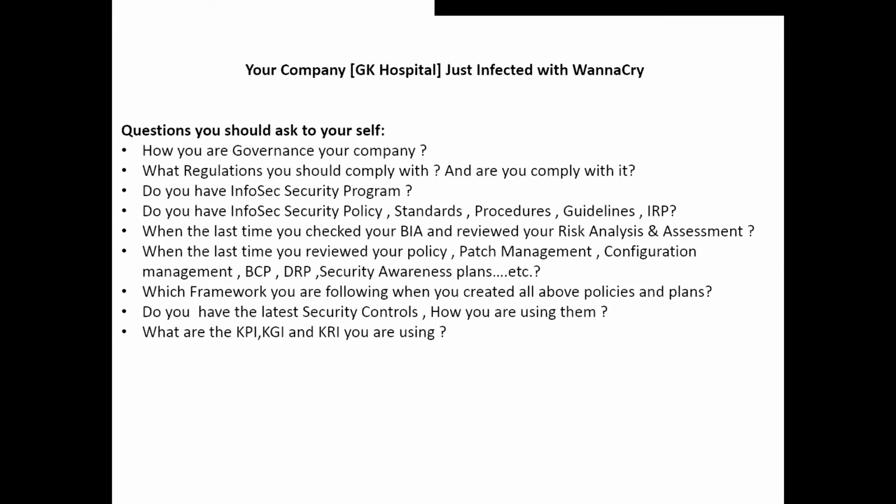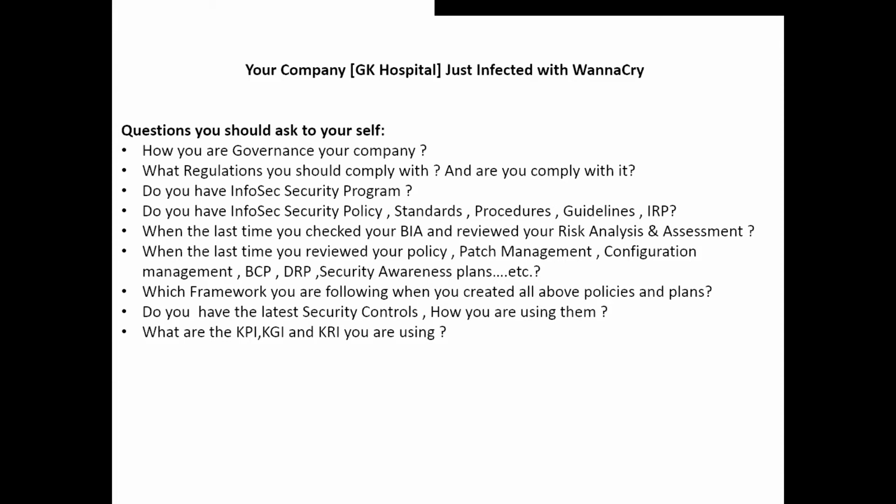Do you have an information security program? Do you have policies, standards, procedures, guidelines? What about the incident response plan? When was the last time you checked your business impact analysis and reviewed your risk analysis and assessment? Which framework were you following when you created all the above policies and plans or strategies?